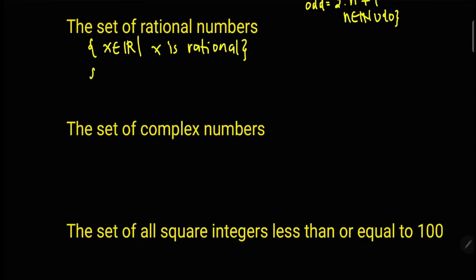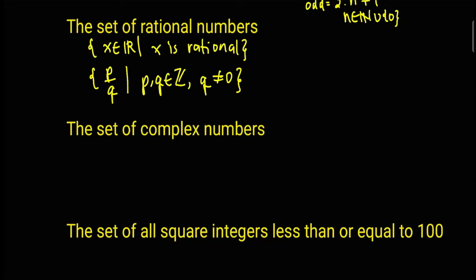So we can also use the set containing all numbers of the form p over q such that p and q are both integers, but of course we don't want the denominator to be 0, so we exclude q equals 0 and say q is not 0.